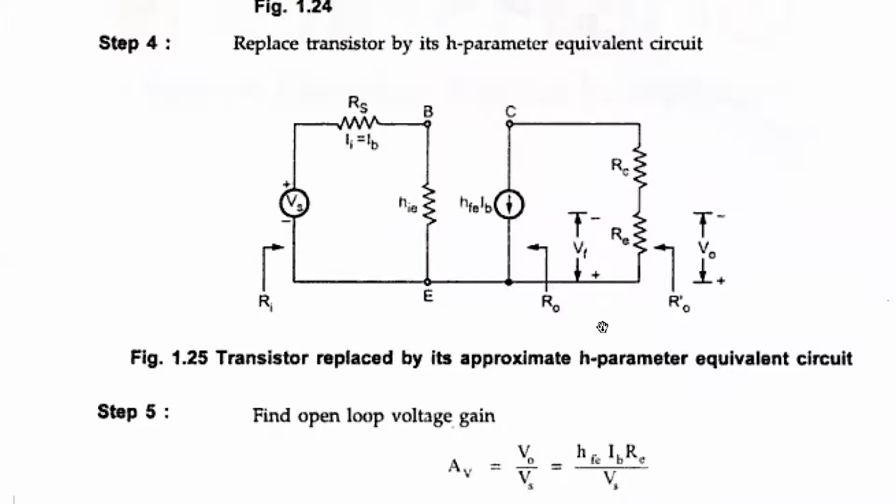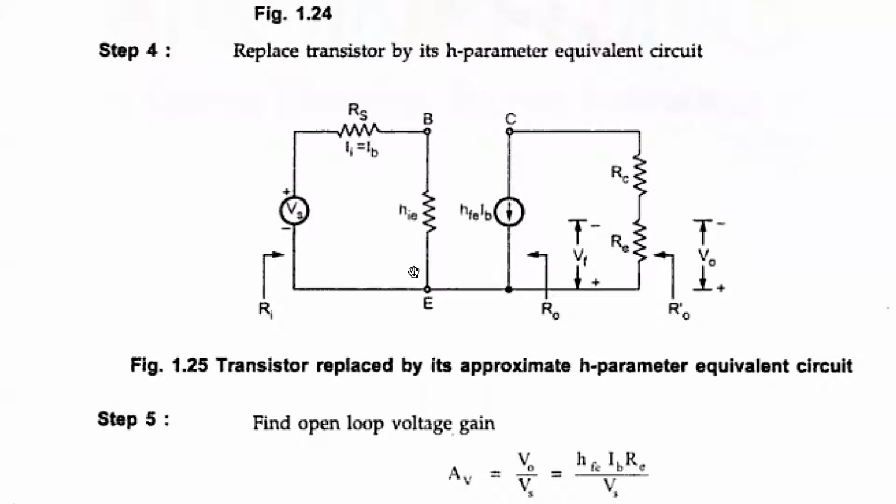Then the voltage gain will be V0 by Vs. In a feedback amplifier, for voltage gain you take V0 by Vs, not V0 by Vi. For the first unit you take V0 by Vi, but for feedback amplifiers you take V0 by Vs, so remember that.